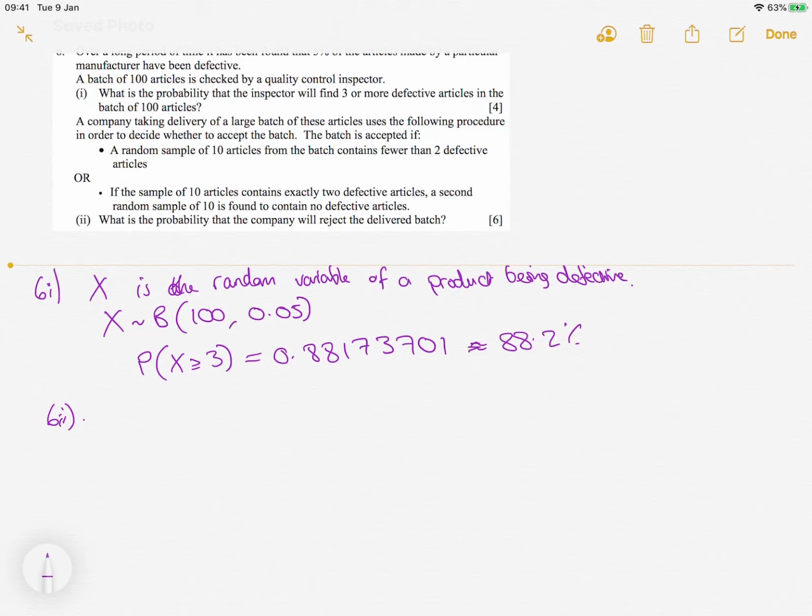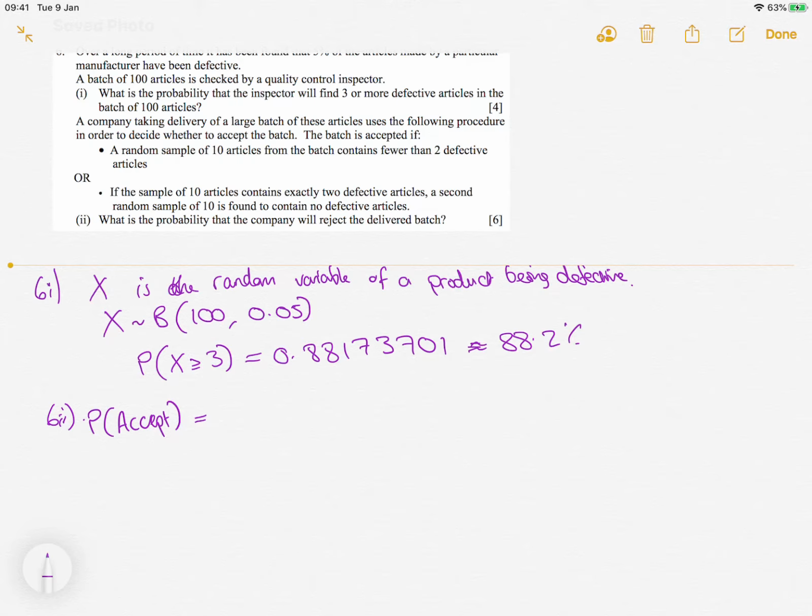If it contains exactly 2, then they need to take another sample of 10, and then there needs to be 0 defective articles from that. So let's find the probability that they accept the batch, because that's the information that we're given here.